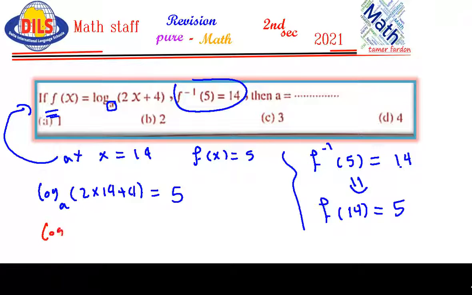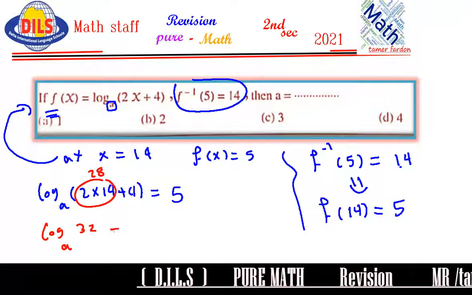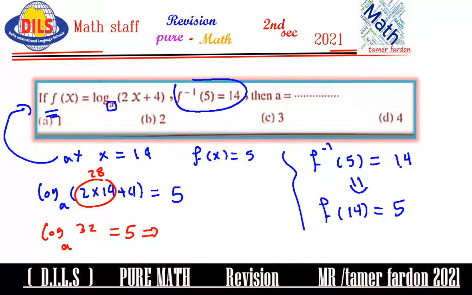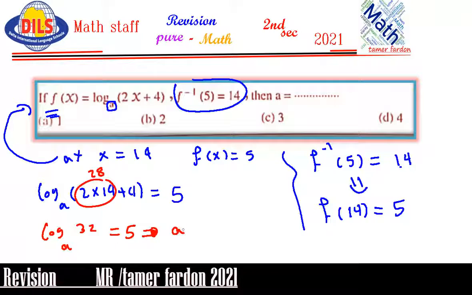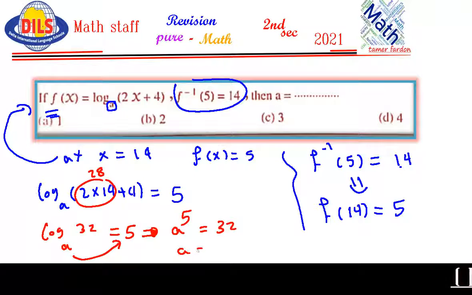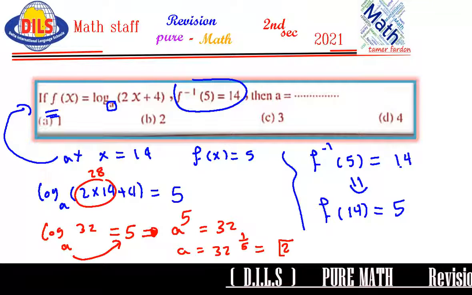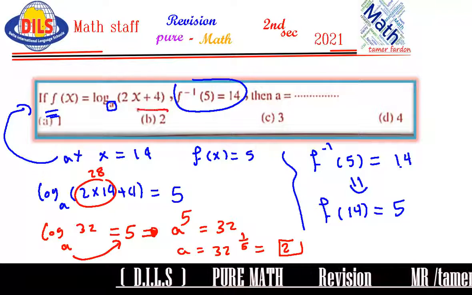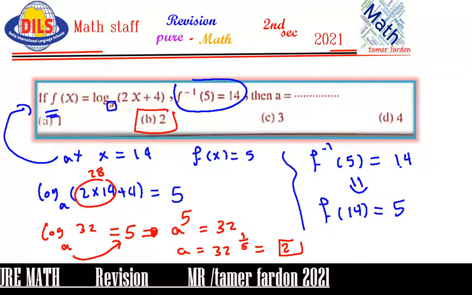Log a of 2 times 14 is 28 plus 4 is 32 equals 5. Convert to the exponent form, we get a power 5 equals 32. So a equals 32 power 1 over 5, which equals 2. So our correct answer is 2.